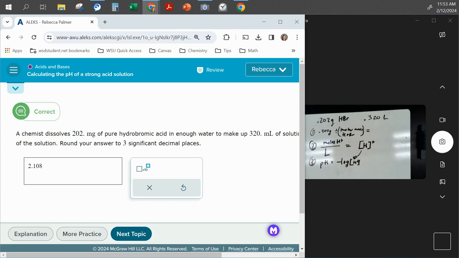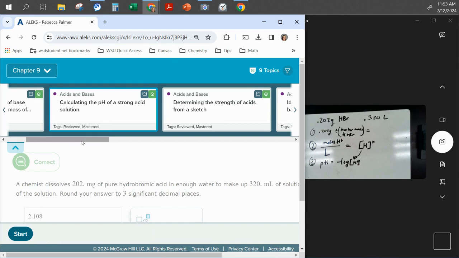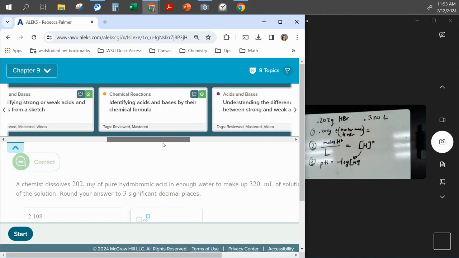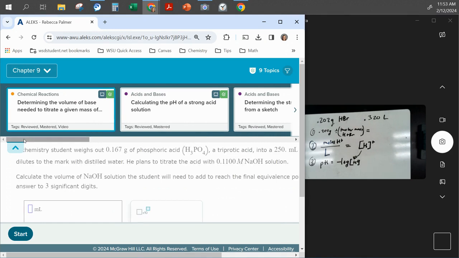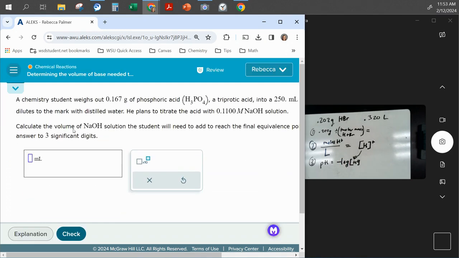Identifying the volume of base. This is the titration question. Determining the volume of base needed to titrate given a mass of acid.